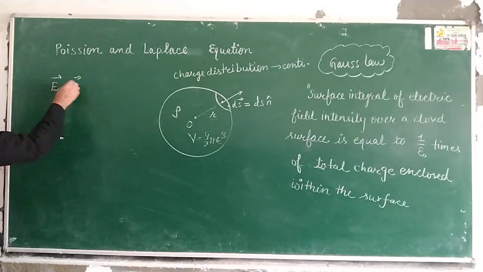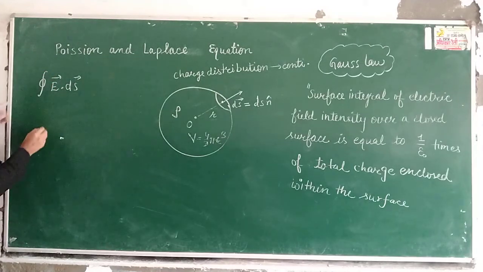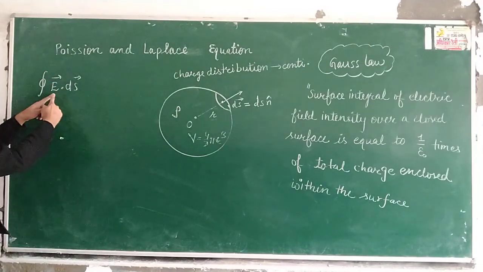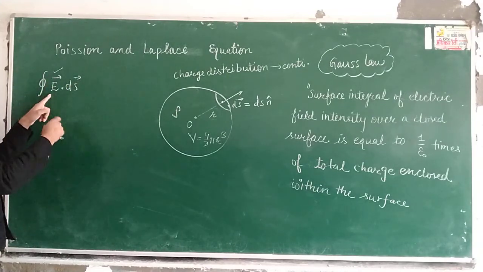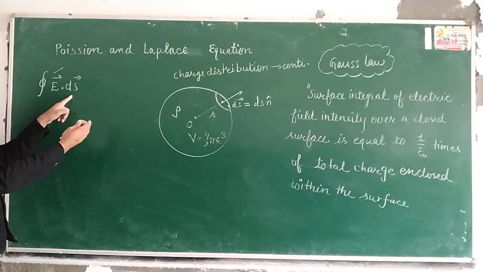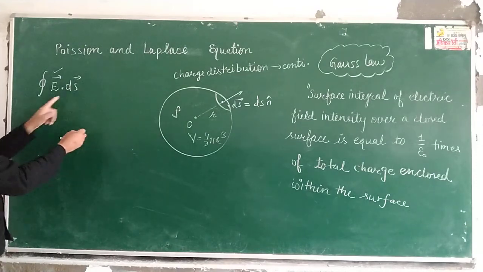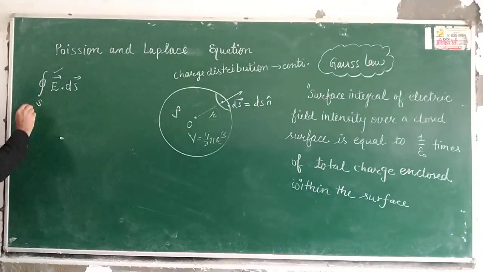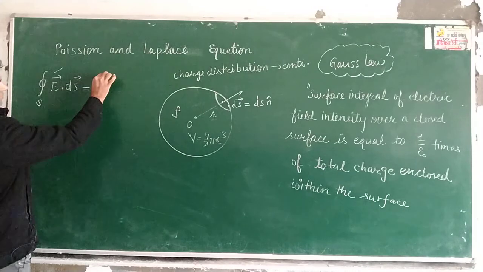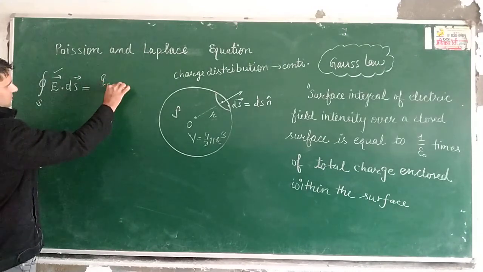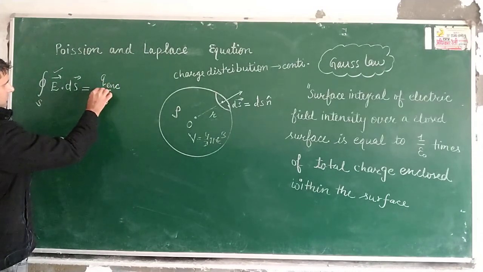This represents the surface integral of electric field intensity, which is given by the dot product of the electric field intensity vector with the surface vector, and over a closed surface this is equal to the charge enclosed divided by epsilon naught.